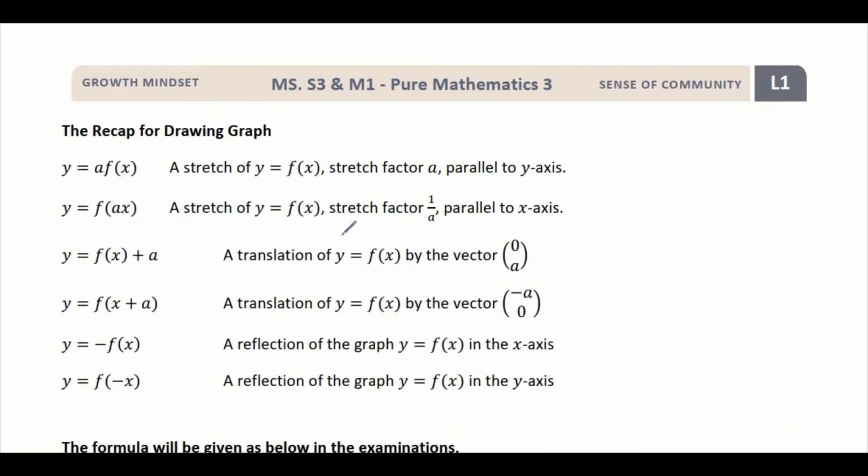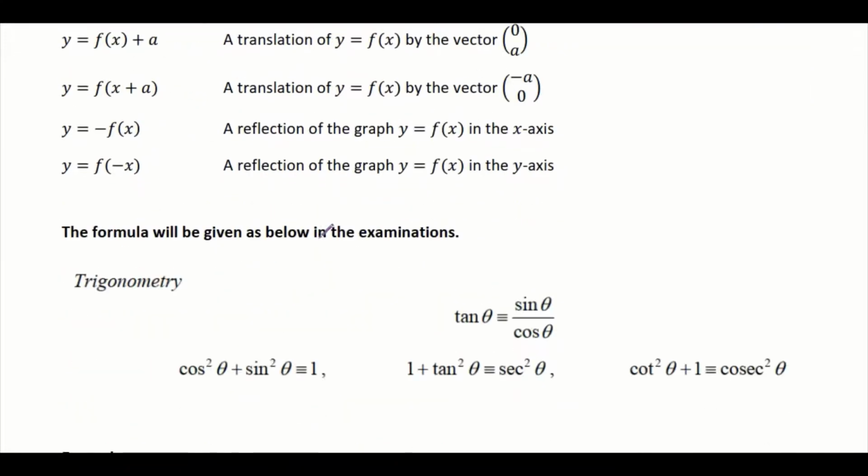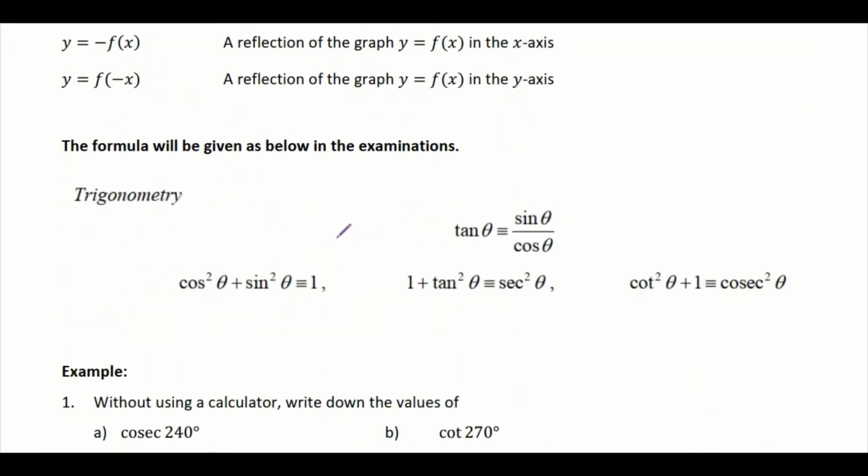Okay, so when you look at your fourth page, it's like your recap of the drawing graph. The formulas that we learned today will be given in your exam in this term. So meaning that they basically give you everything already. It's just that for the cotangent, you need to know it is the inverse of your cos.